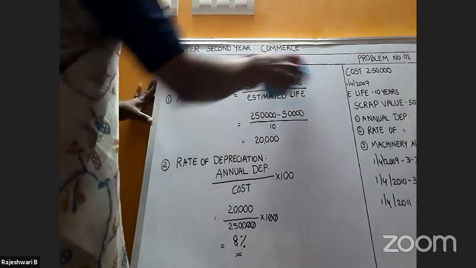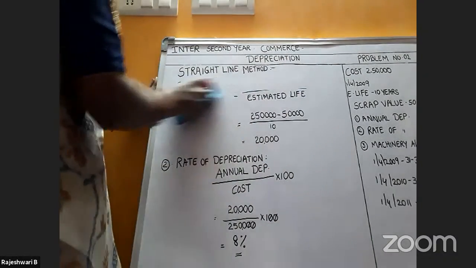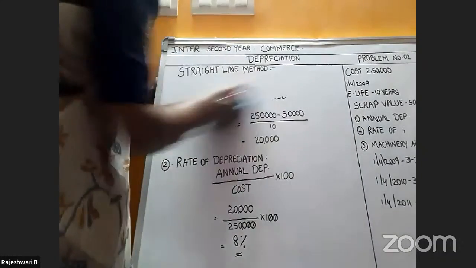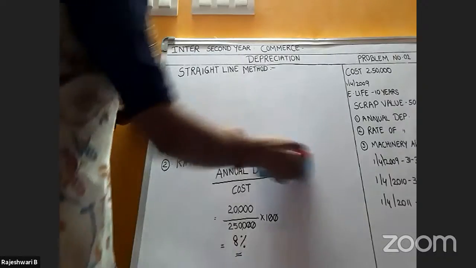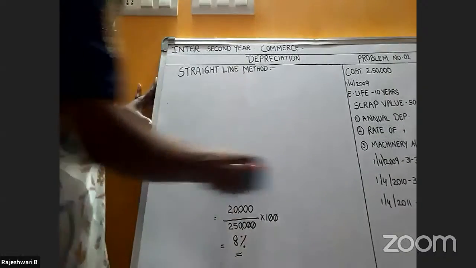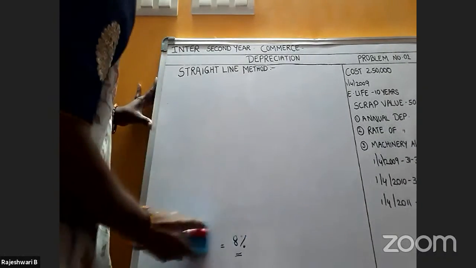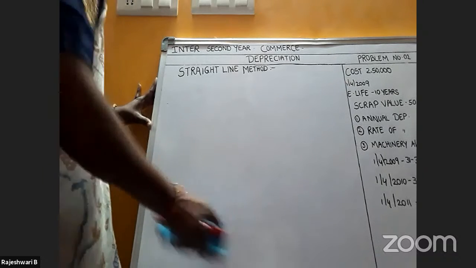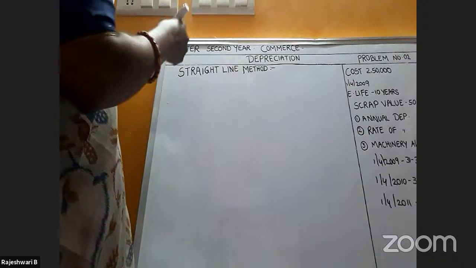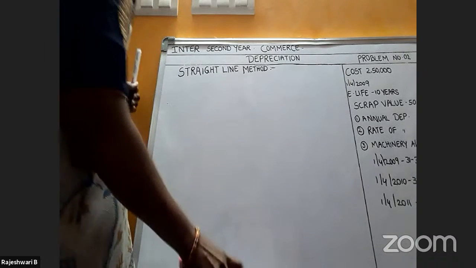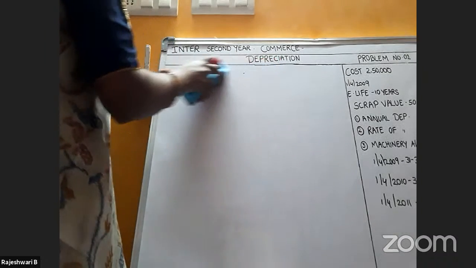Next, third one is we have to prepare the machine account. Straight line method.